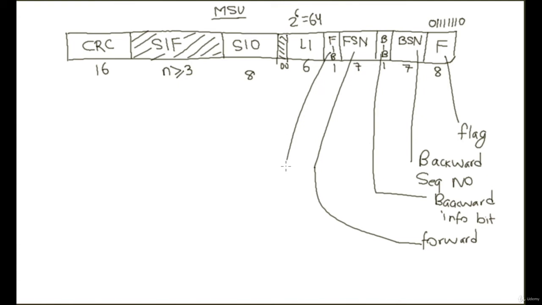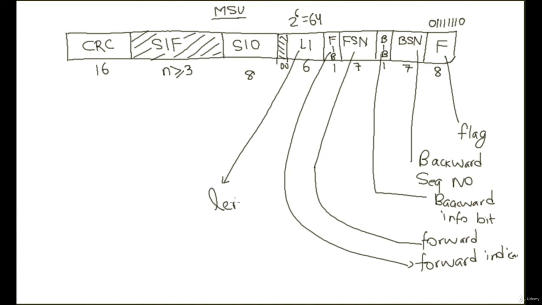Then there is forward information bit, which is nothing but the acknowledgement bit for the traffic in the forward direction, forward indicator. Then there is LI, length information. Then there is SIO, which is the service information or the user part related information.